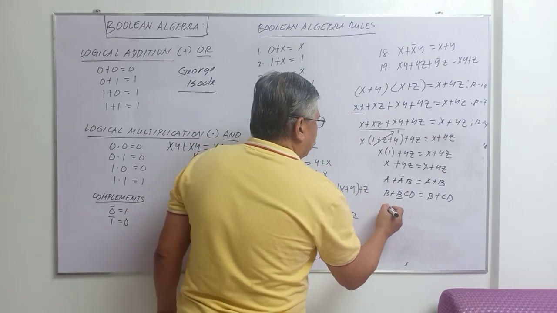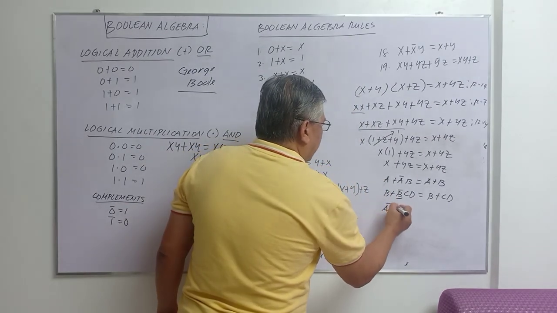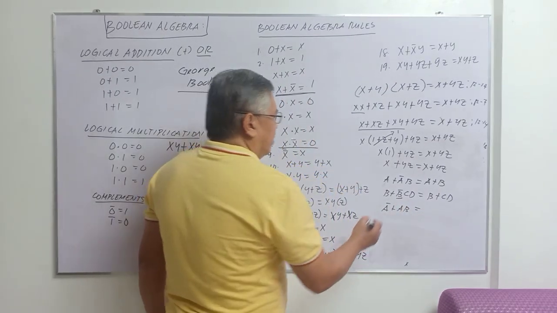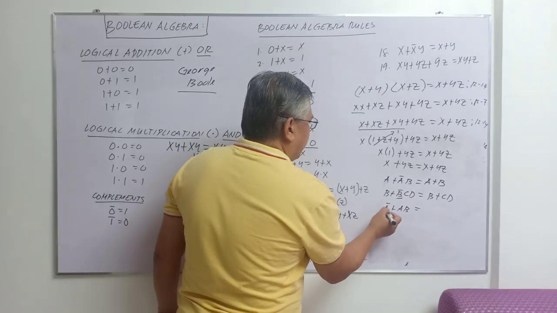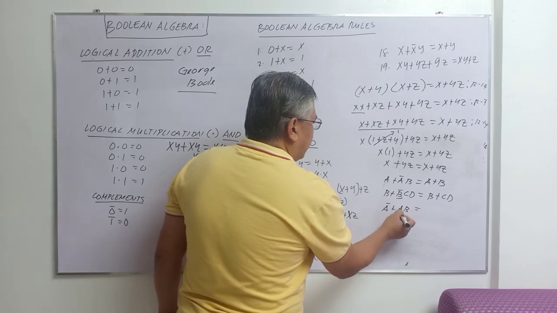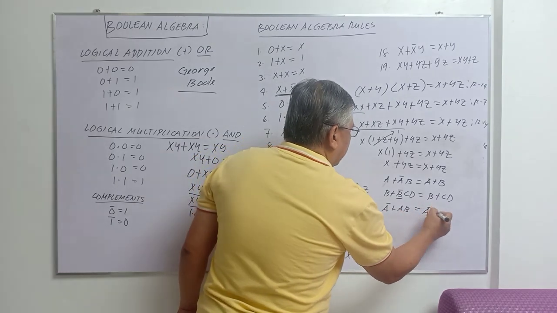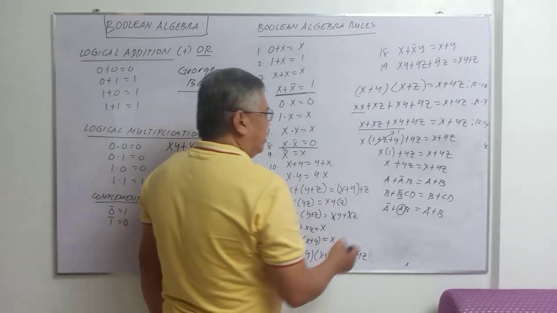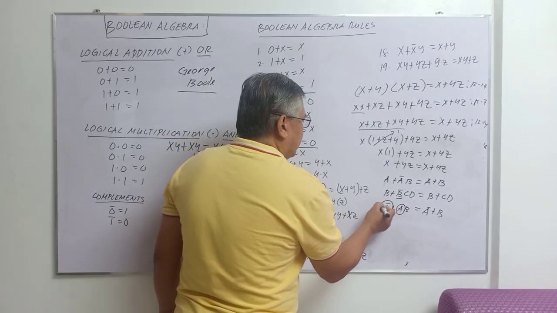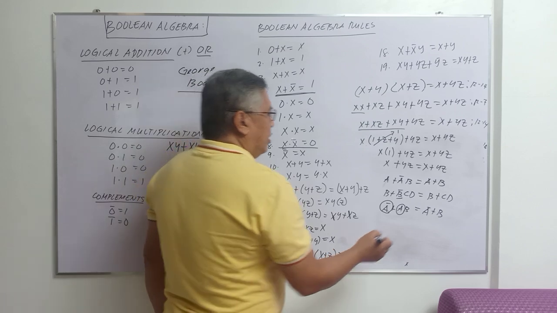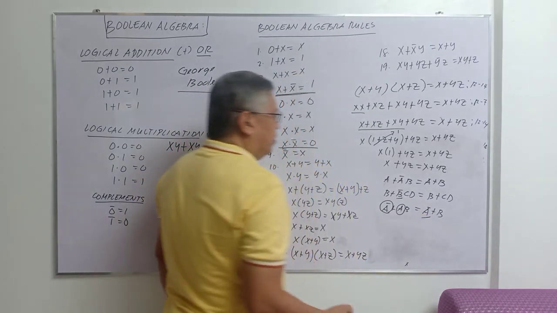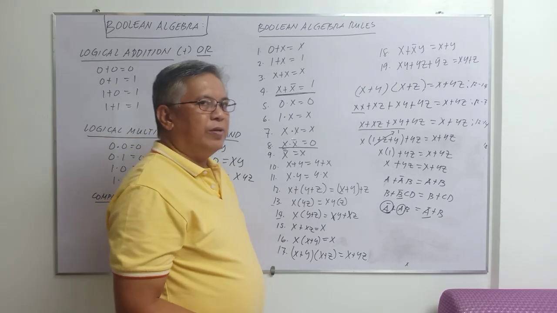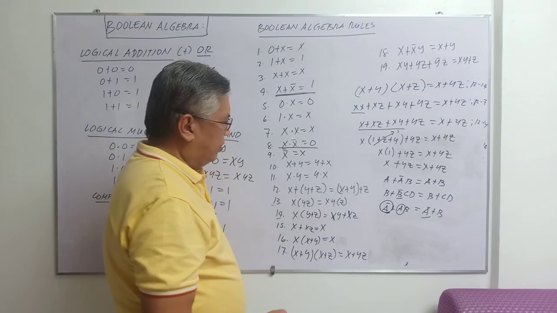How about if you have ā + ab? So what's the answer? The single variable here is a bar, and the complement of a bar is a. So ā + b. So this one here will be eliminated. You have to base the remaining variables on the single variable in that particular equation.